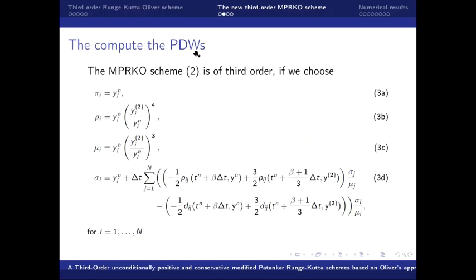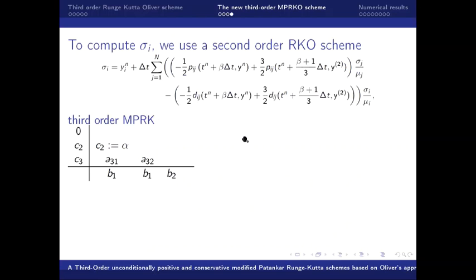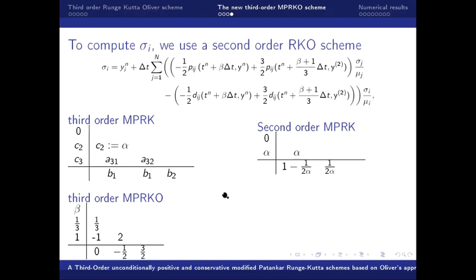To compute the weights is similar to the modified Patankar-Runge-Kutta scheme. P, rho, mu are similar. To compute the weights sigma I, we use a second order Runge-Kutta-Oliver scheme, similar to modified Patankar-Runge-Kutta.